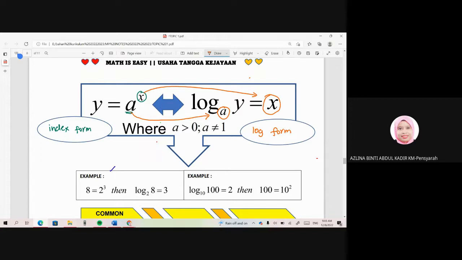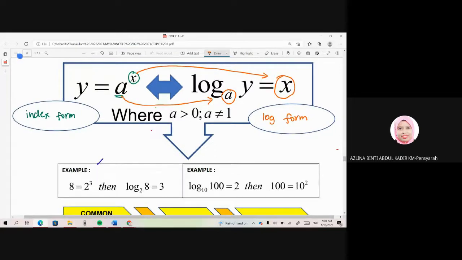First you check the base, where a is a positive value greater than 0 and a is not equal to 1. For example, 2 to the power of 3 is equal to 8. First you check the base. The base is 2, right?